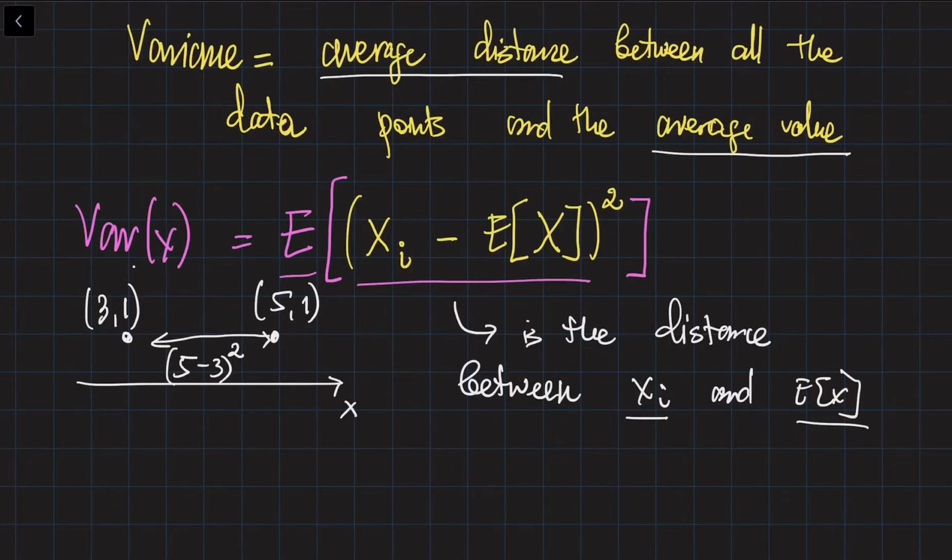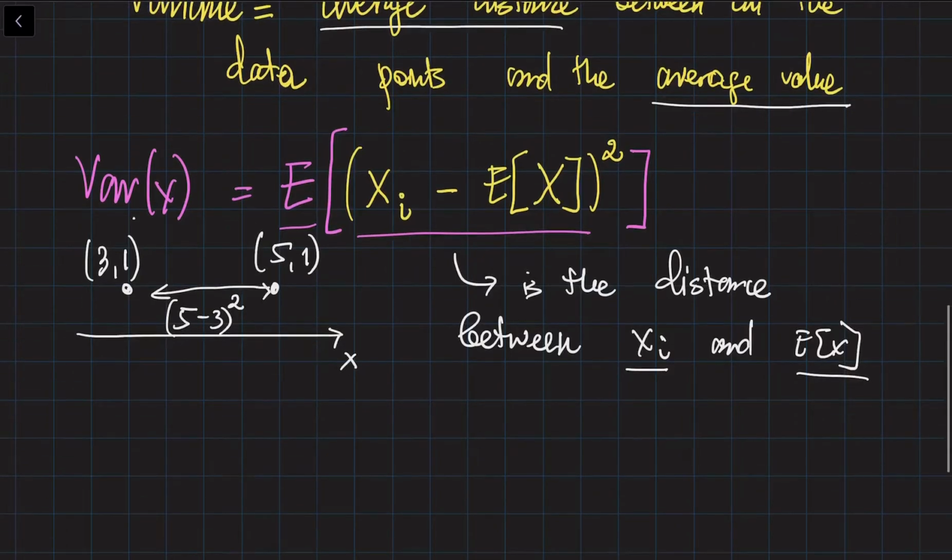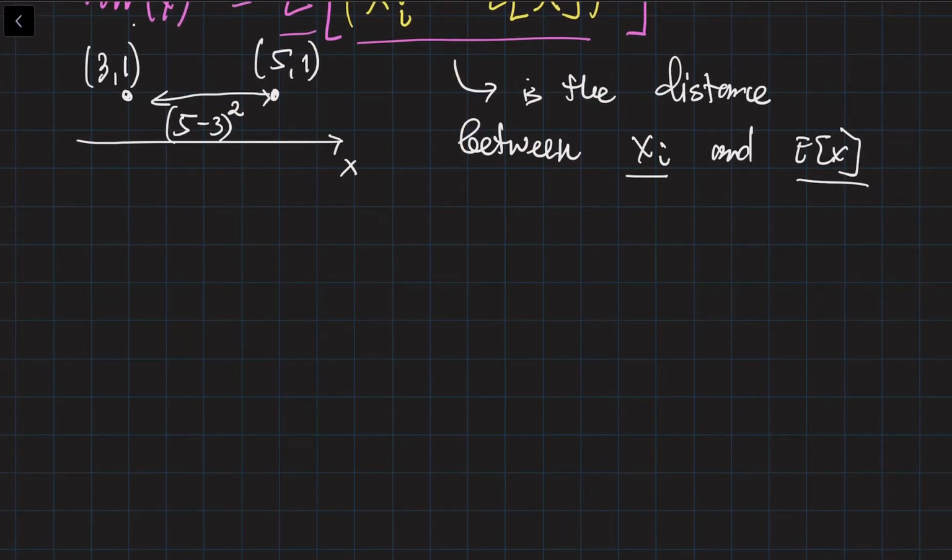So obviously, calculating the variance using this formula is not so easy, so we need to figure out another, easier formula. In order to do this, I'm going to expand this. So the variance of x is defined as the expected value of xi minus E of x, all in the square. If you remember, E of x is the average value.